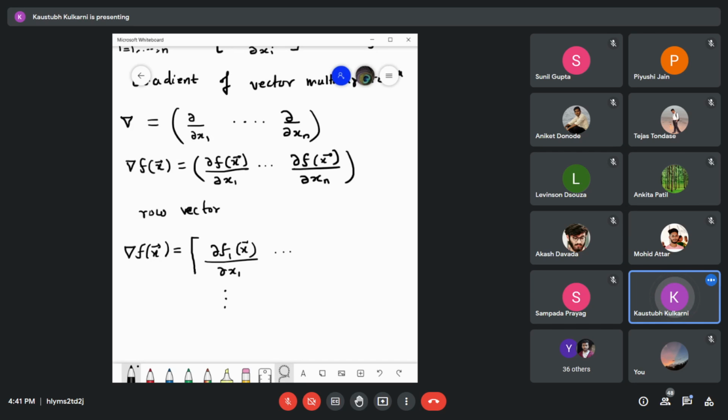Because f has m components, f1 to fm, continuing to dou f1 by dou xn, up to dou fm by dou xn.